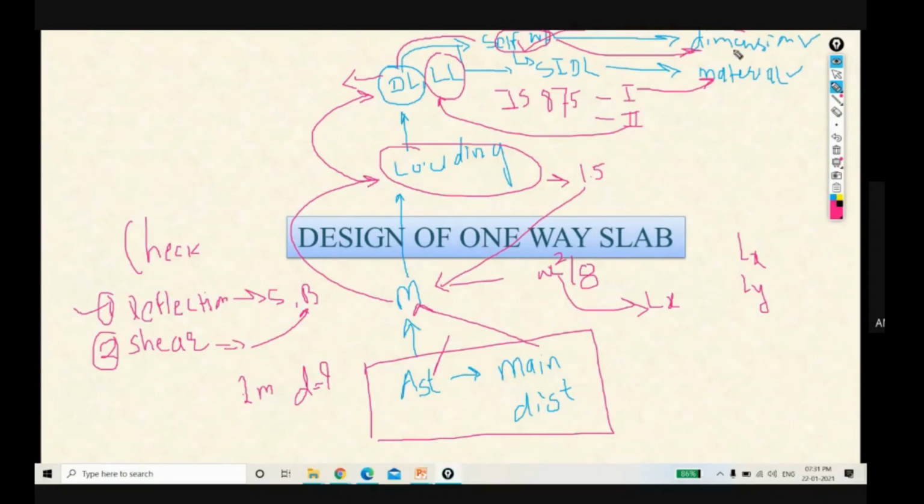Self weight depends on the dimension, and additional dead load depends on the material we provide for the slab or the floor finishing. So this is the general picture for the design of a one way slab. Any doubt?